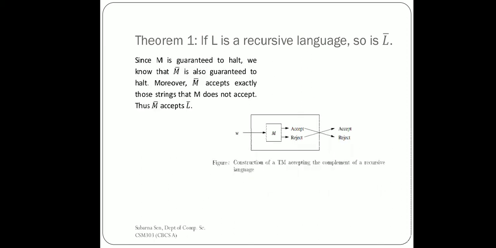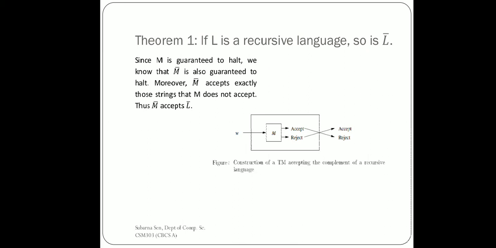Since M is guaranteed to halt, originally my M was a recursive language, so it can guarantee the halting. Since we have converted all the non-accepting states to accepting, and made the accepting states non-accepting, and mapped the transitions correctly, my M dash will also halt.